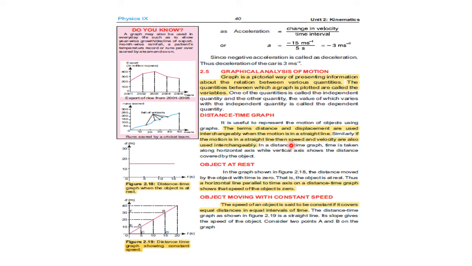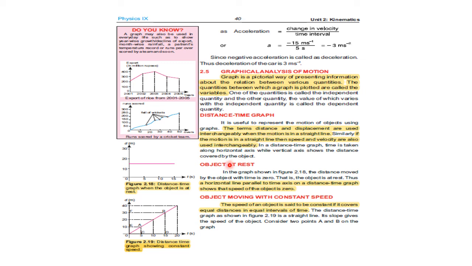Obviously, the speed has distance in its formula and velocity has displacement in its formula. So when distance and displacement are interchangeable, obviously their formulas, speed and velocity, are also interchangeable, and this is only the case when the motion is in a straight line.